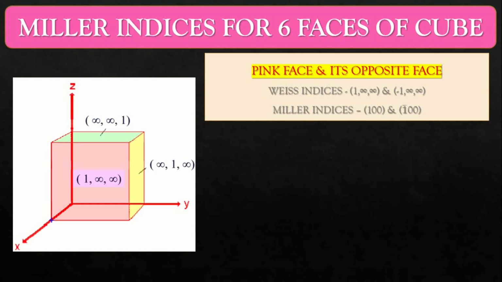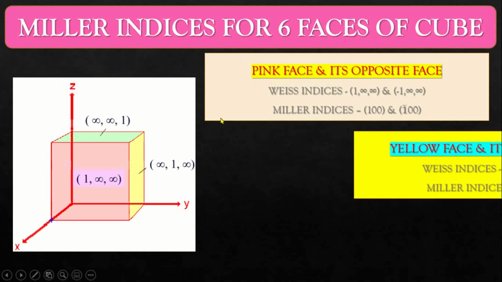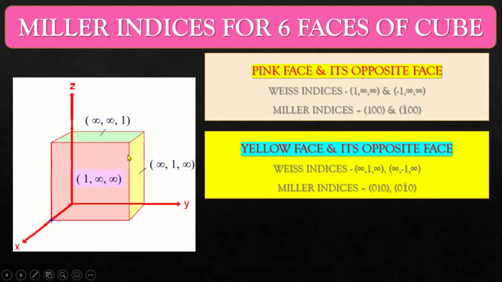So in Miller indices, the negative intercepts converted to reciprocals are shown in the form of the number with a bar. Similarly, coming to the next set of opposite faces, that is the yellow face over here. Clearly the yellow face is having an intercept on the y-axis, while it is parallel to the z-axis and to the x-axis as well.